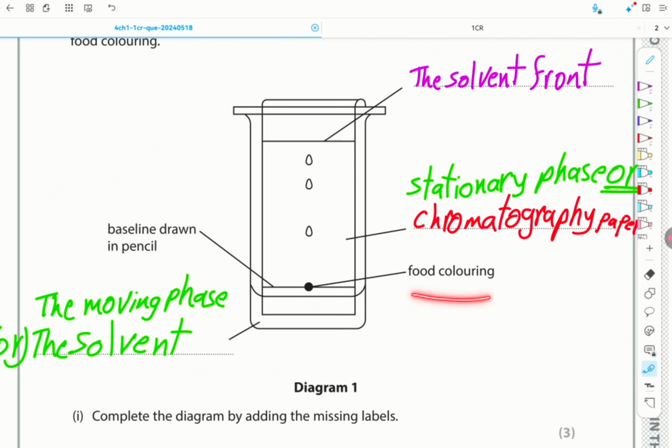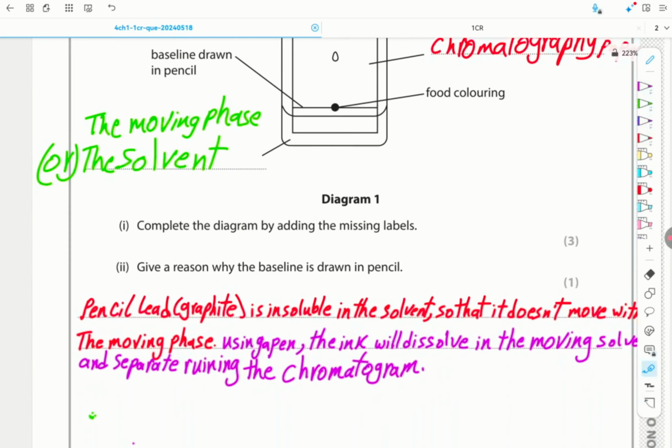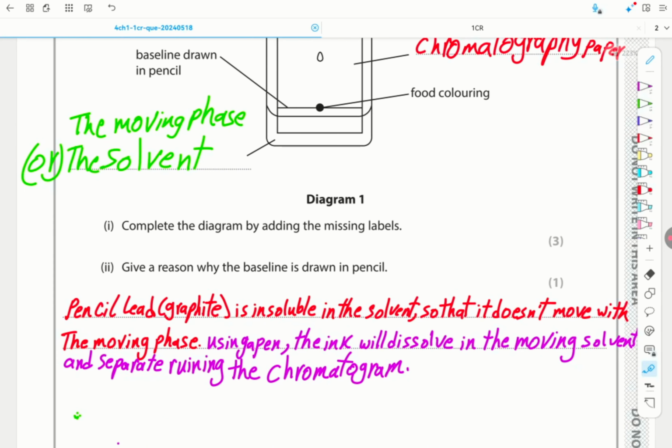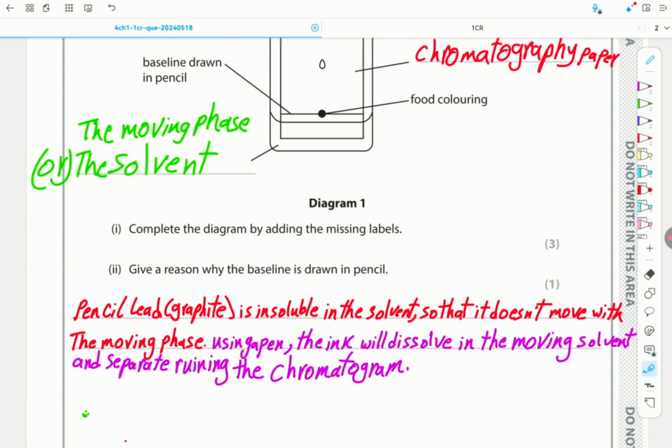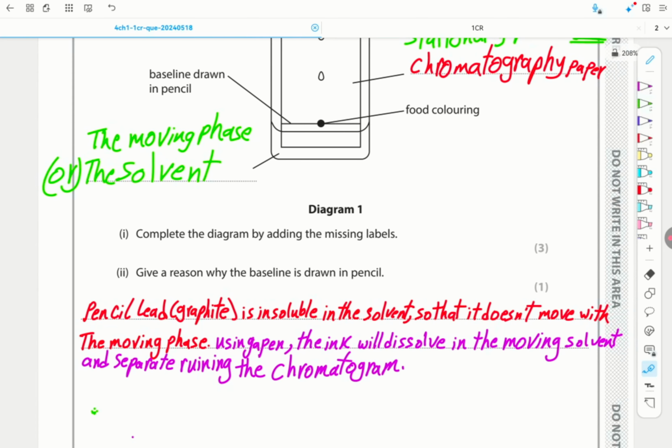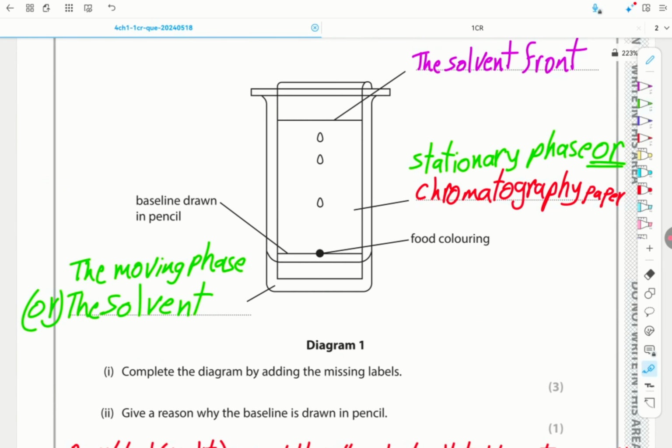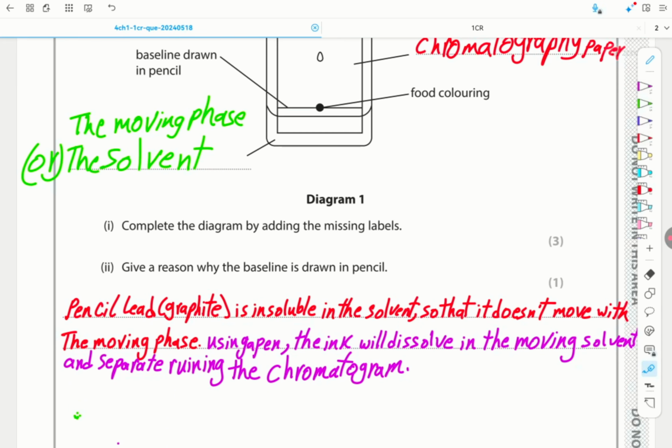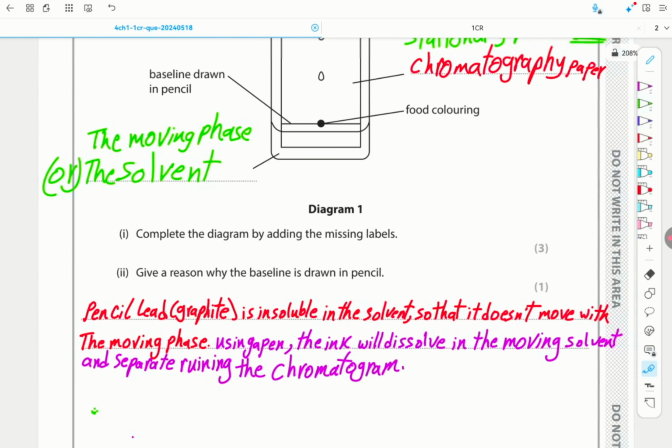So using the graphite pencil is better, so that the graphite will not travel like the ink with the other components and give us false results. Here we have the explanation written in an academic way. Pencil lead graphite is insoluble in the solvent, so it doesn't move with the moving phase.